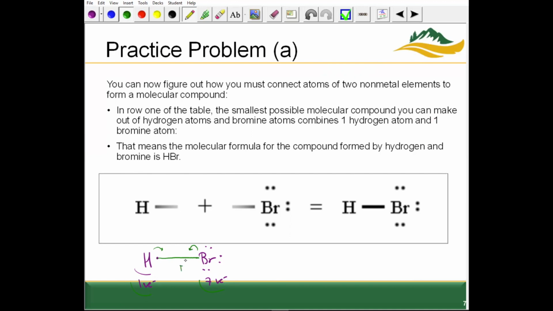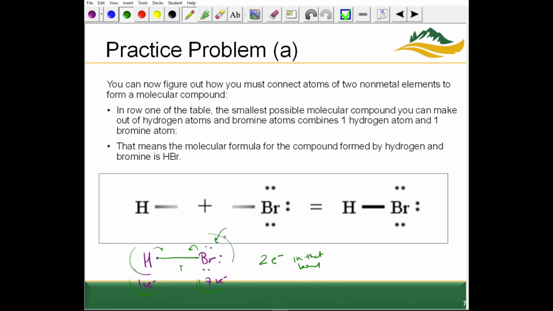This bond in total still has 2 electrons in that bond. We're not adding any electrons, we're not taking any away. This has 7, this has 1. They're sharing 1 to fill its duet and for bromine to fill its octet.